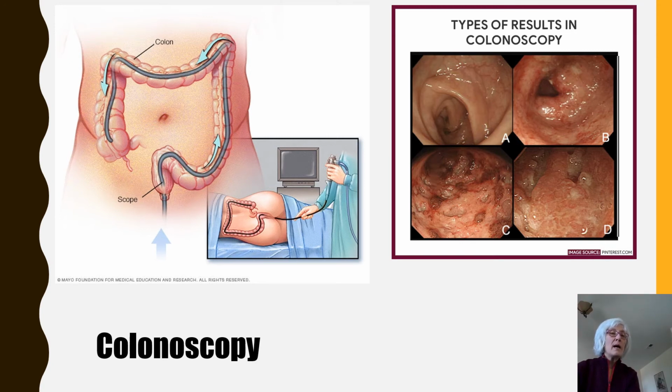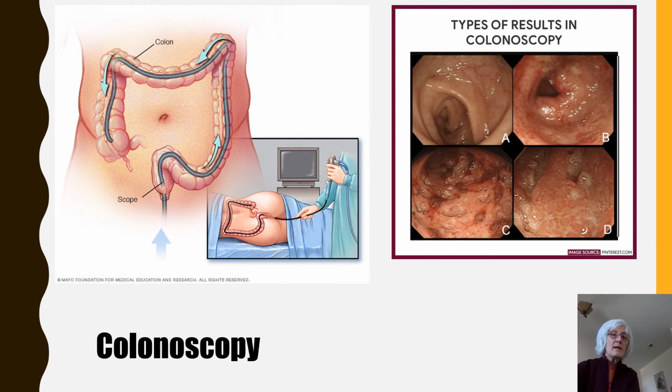The colon does bend, and although it's a flexible tube, it's kind of like a very thin diameter garden hose, so it doesn't bend super easily. So going around the bends of the colon can provide significant discomfort to the patient. So typically a patient undergoing a colonoscopy is sedated, and there are some downsides to being sedated, in that some individuals have negative reactions to that sedation.